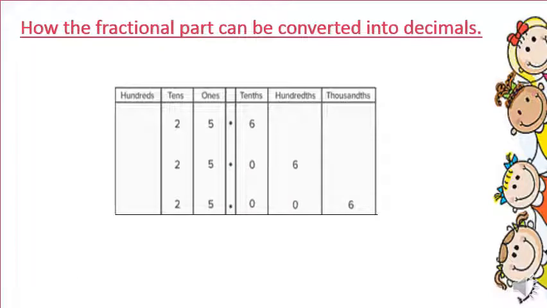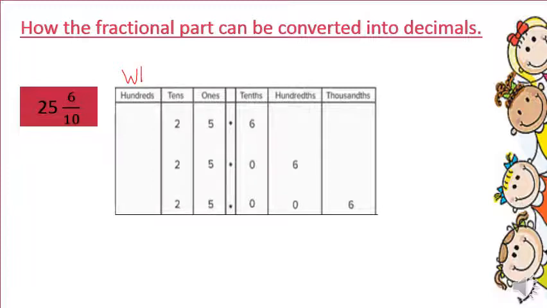Okay, now we are going to talk about how the fractional part can be converted into decimals. Look here, we have 25 and 6/10. 25 is in the whole part. Okay, to the left of the decimal point, we have the whole part. Let's write it.